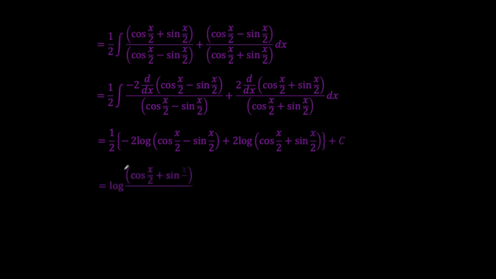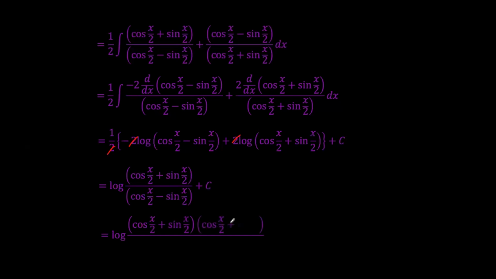So this half here goes with that and that. And then obviously using the rules of logarithm, when you have a minus, you definitely divide whatever is under the log function. So we have cosine x over 2 plus sine x over 2 divided by this cosine x over 2 minus sine x over 2. Next thing is I would like to just multiply both the numerator and denominator with cosine x over 2 plus sine x over 2.